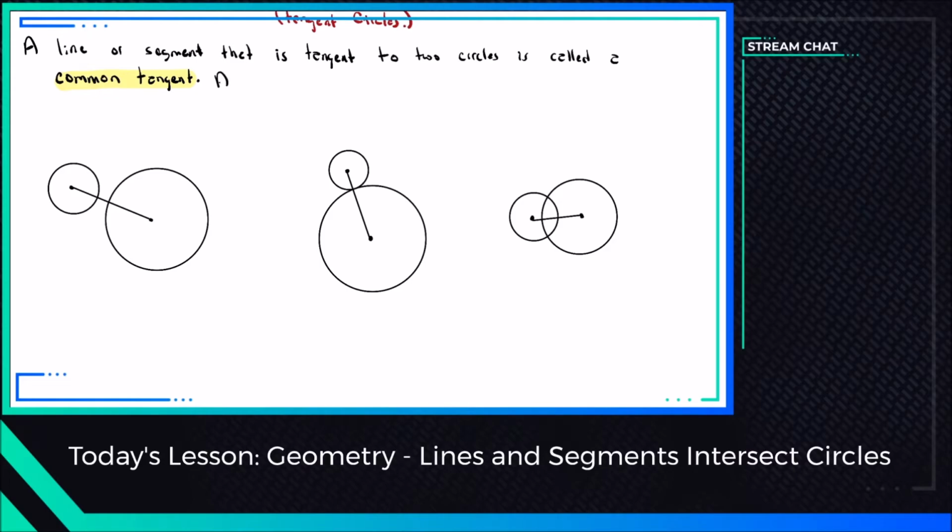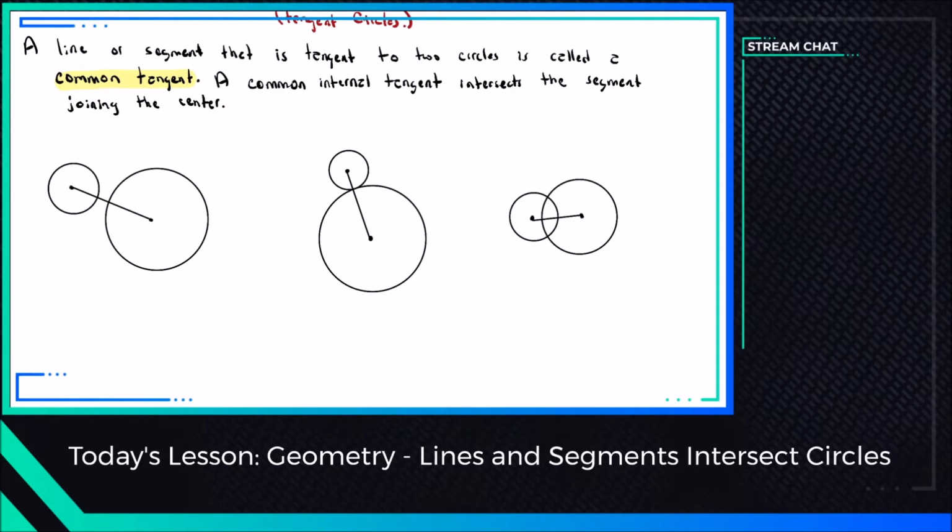A common internal tangent intersects the segment joining the centers of the circle. And an external does not.